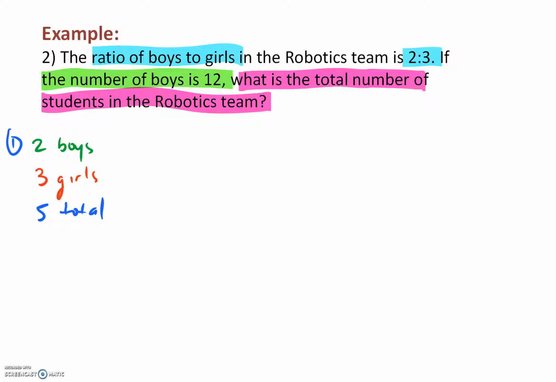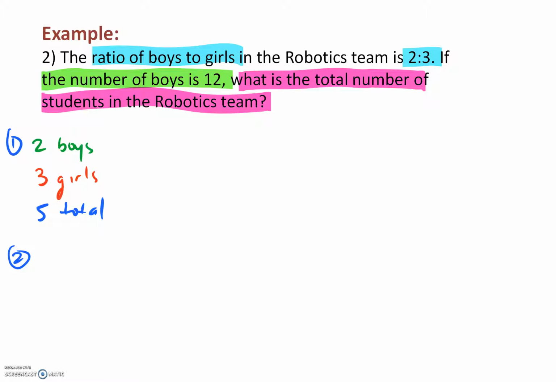Okay? The second step is to decide whether this is going to be a part-to-part or a part-to-whole question. Now, to decide that, you have to look for some clues in the problem itself. Alright, so let's reread the problem. It says the ratio of boys to girls in the robotics teams is 2 to 3.